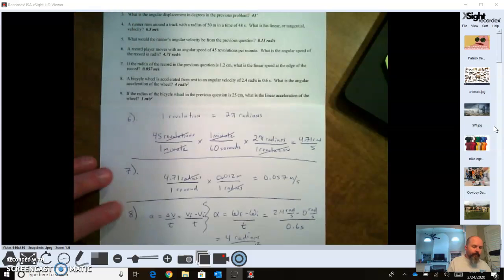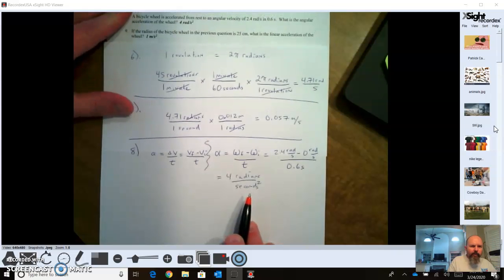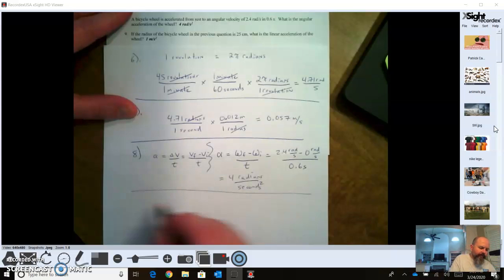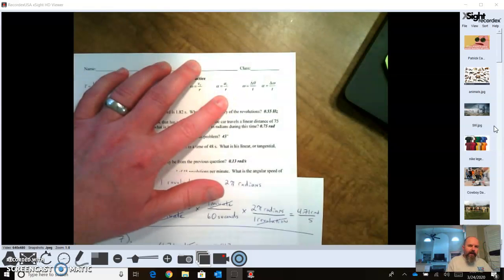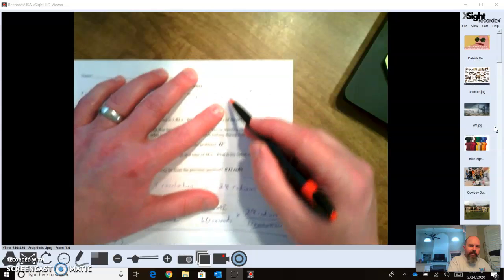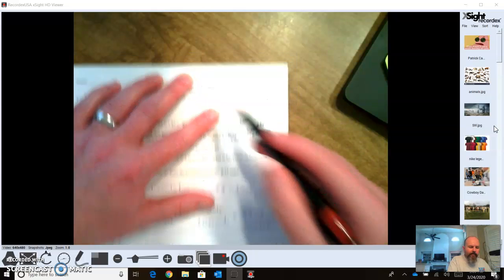Number 9. Number 9 says, if the radius of the bicycle wheel in the previous question is 25 centimeters, what is the linear acceleration of the wheel? Well, we've done a problem that's sort of like this. We know that anytime we have angular acceleration, it is equal to translational or linear acceleration divided by the radius.